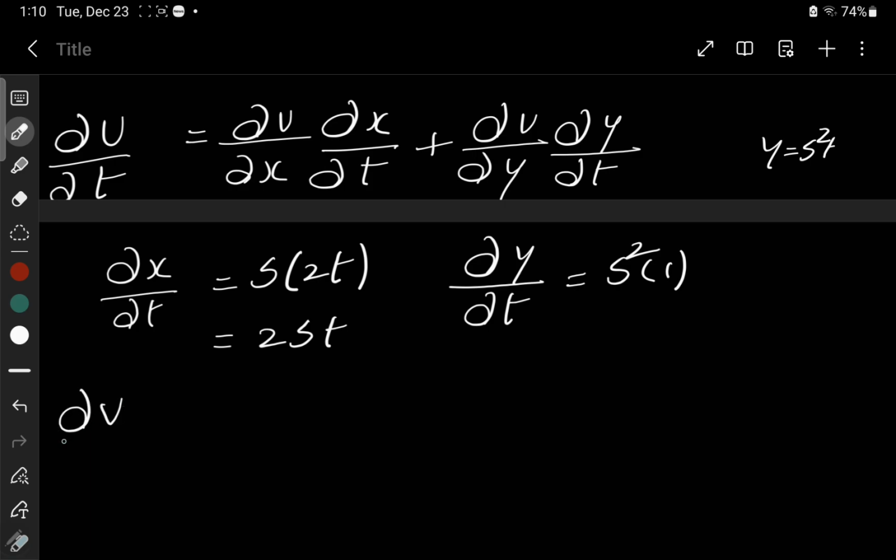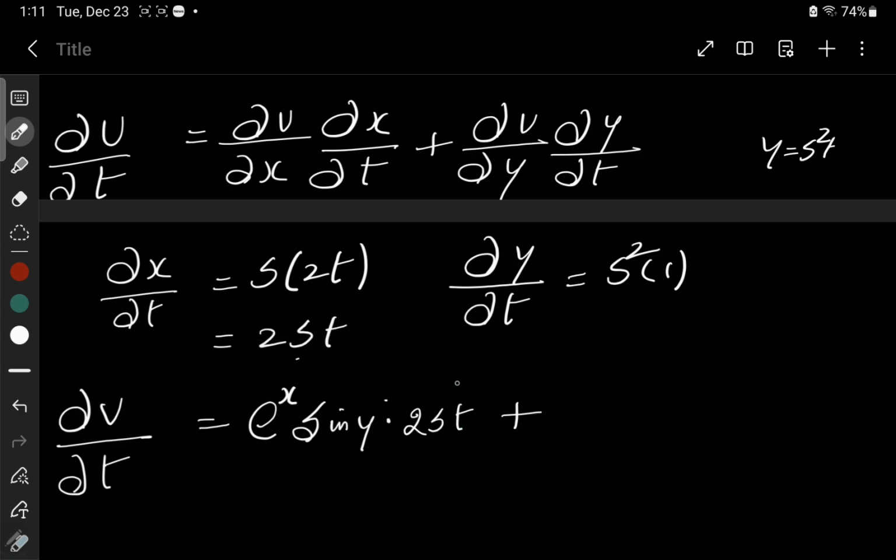Now substitute here ∂u/∂t. What is ∂u/∂x? We have got just now here: ∂u/∂x is e^x sin y, into ∂x/∂t, 2st, plus ∂u/∂y, which I have got as e^x cos y, into ∂y/∂t, which is s².